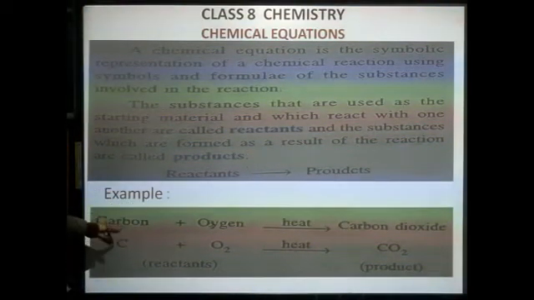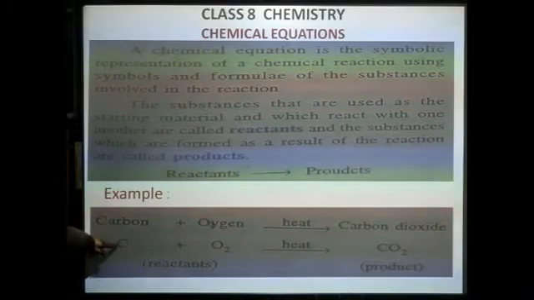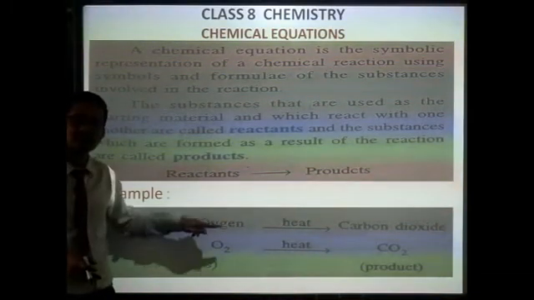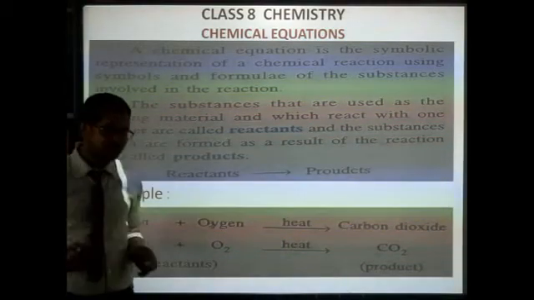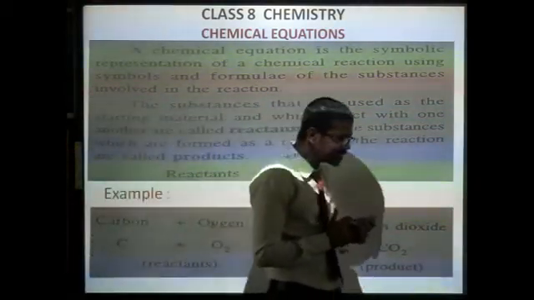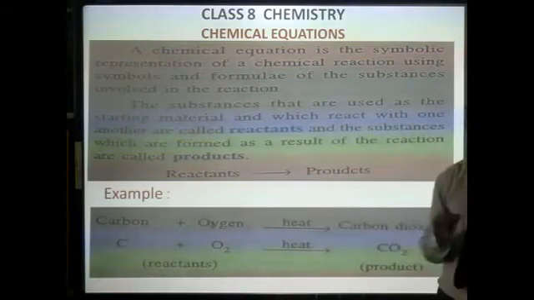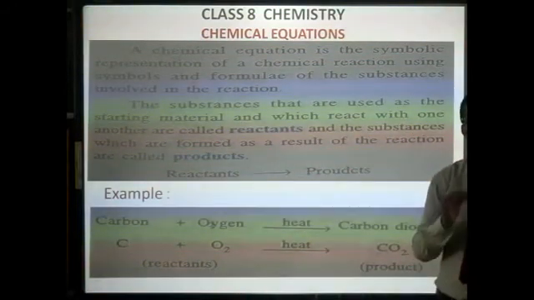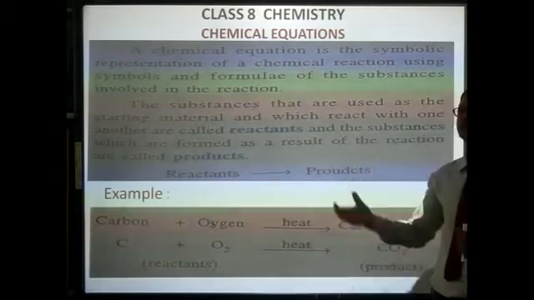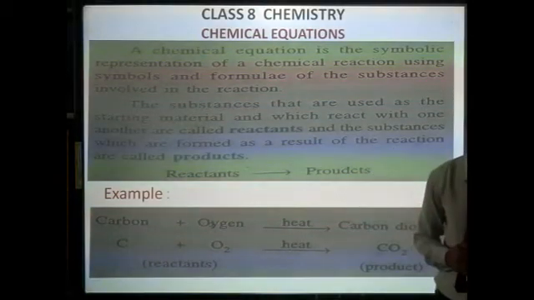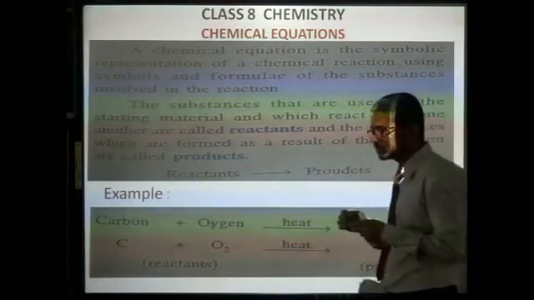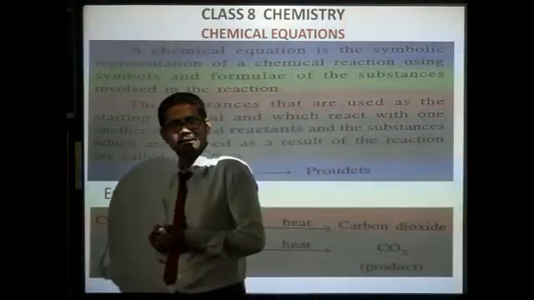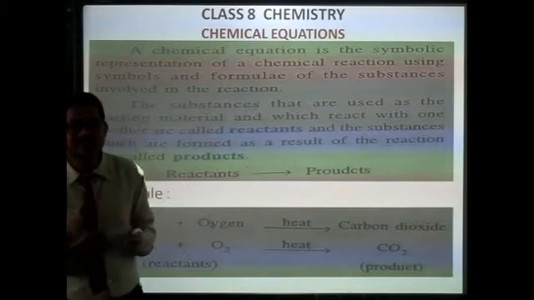And now here I am writing the symbol of carbon, that is C. Symbol of oxygen, that is O2 as a molecule. Mind you one thing, while writing a chemical equation, we use molecules. We will not use atomic form because atoms are unstable.